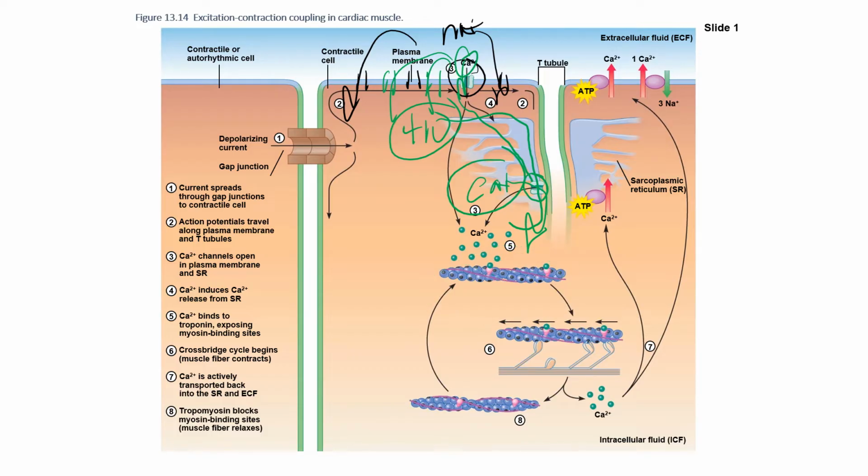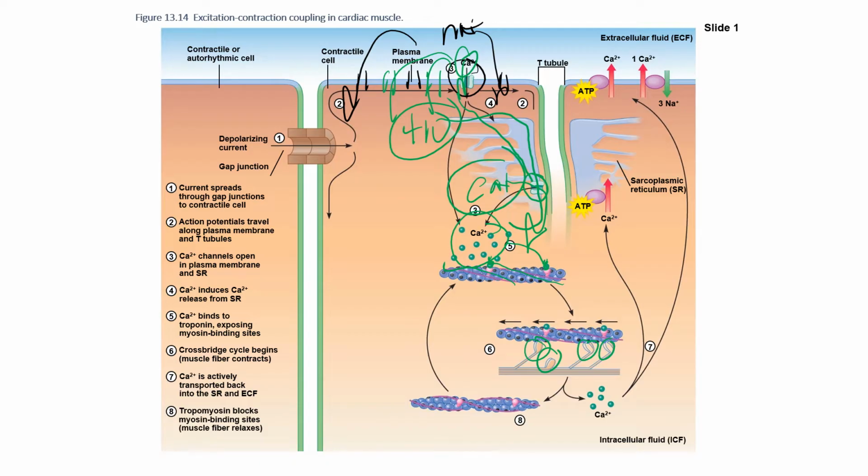This is exactly the same in skeletal and cardiac muscle fibers. What you need is for calcium to bind to troponin. That causes a conformational shift in troponin, which pushes tropomyosin off of the myosin binding sites on all the different G-actins, and that enables the myosin heads to interact with actin, and we call this a contraction.